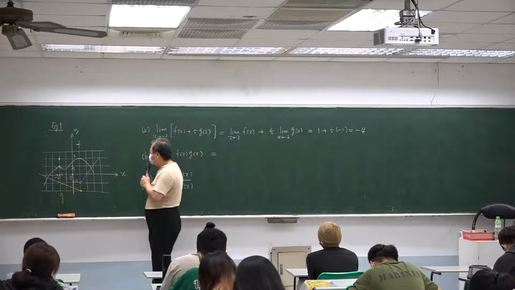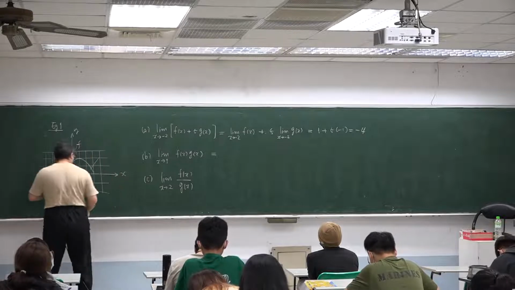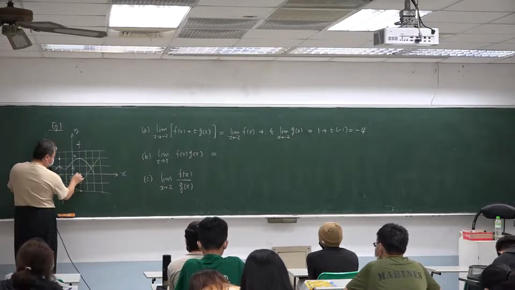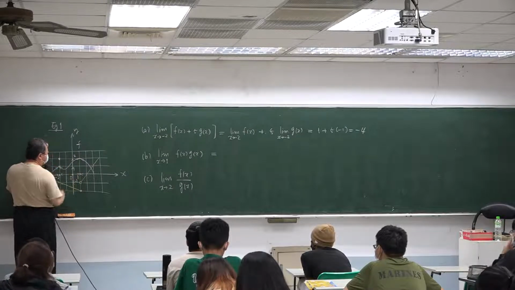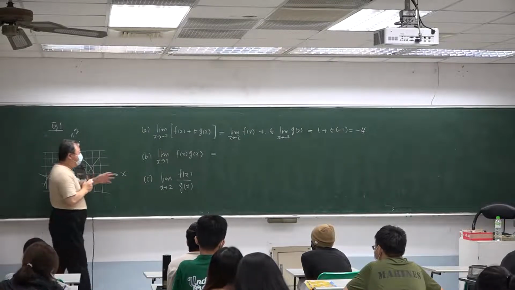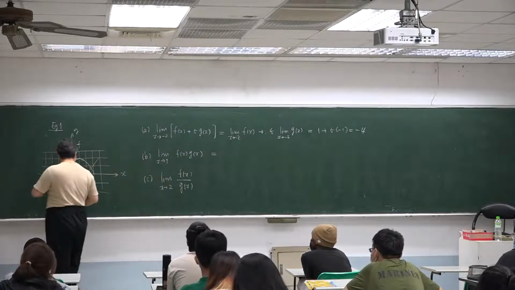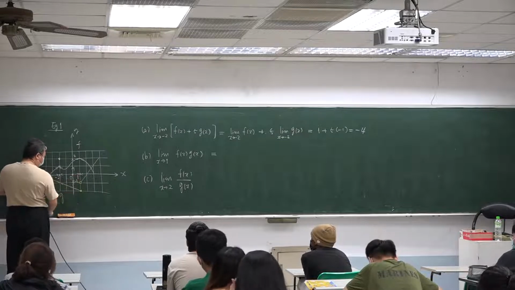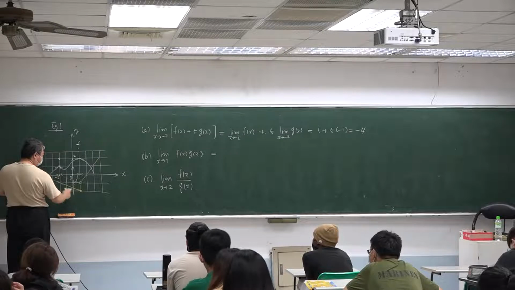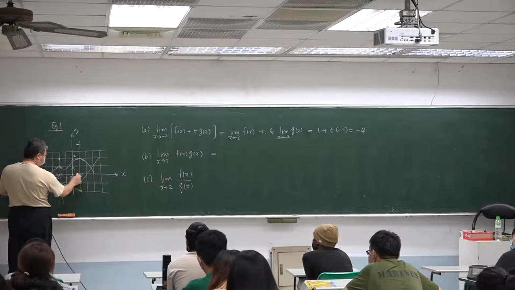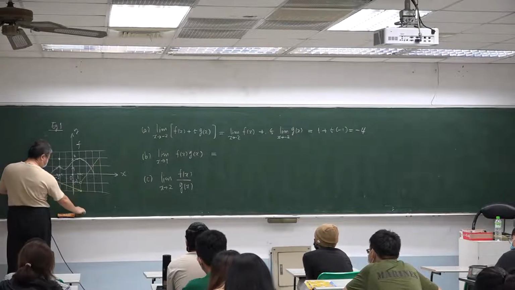When x approaches 1, 1 is here. F approaches 2. When x approaches 1, the left hand side approaches to minus 2.